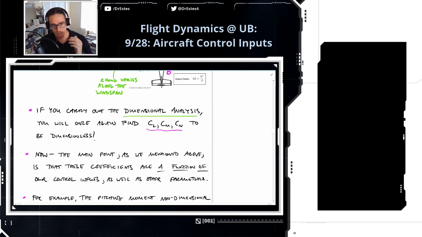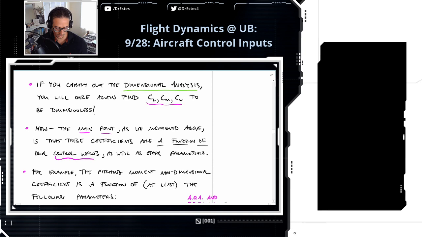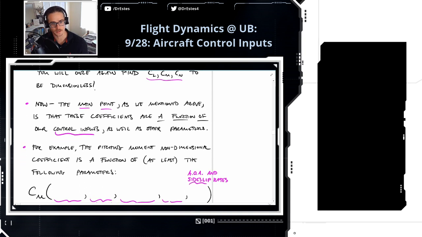Okay, so back to the main point. These non-dimensional empirical coefficients are a function of the control inputs, among other things. And this is going to be our connection to figuring out what our control input actually does to the dynamics of the aircraft.